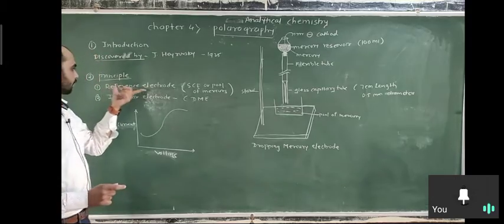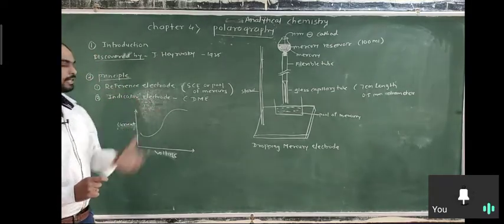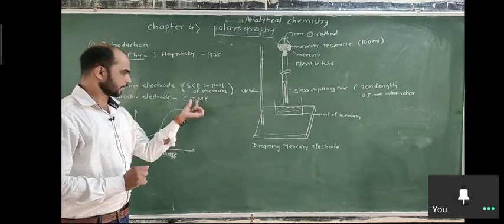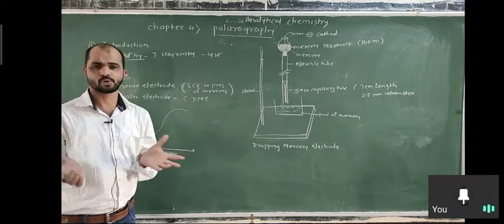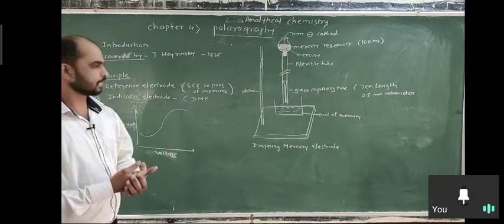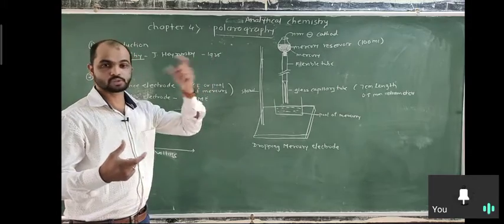That is sometimes called the reference electrode. And the second one is the indicator electrode, or working electrode, for example the dropping mercury electrode. Pool of mercury means just mercury is placed between the two electrodes.